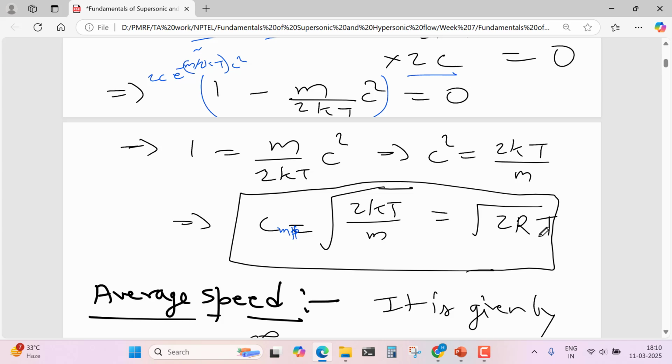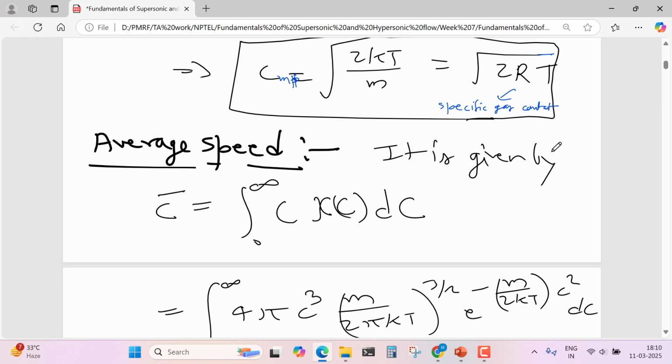Here k upon m gives R, where R is the specific gas constant. So we have seen the most probable velocity or speed.